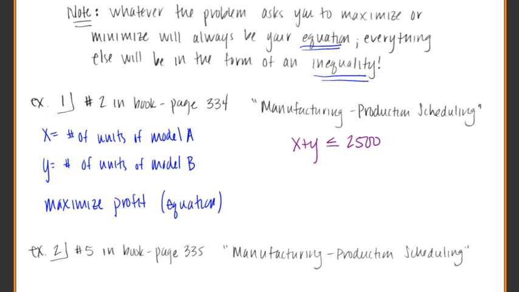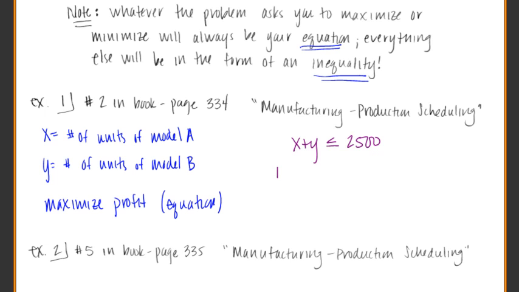And then going from that point, it says the company has earmarked no more than $600,000 for costs. Well, if we looked back prior to this, didn't we have something about costs? We know that each Model A costs 100 to make, and each Model B costs 150. So we have a cost, and we have a total cost. We have another inequality we can make.